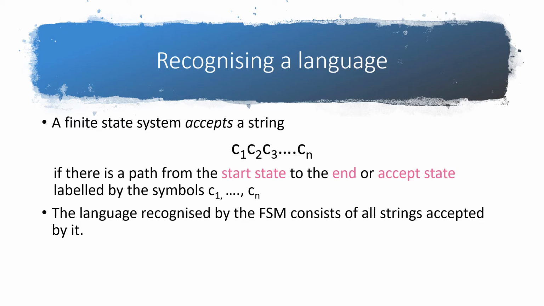We're going to create our machine, and if there is a path from the start state to an accept state, and we have processed all the characters that we have been given and finish on the accept state, then that particular word is valid within that language. So this is going to show you on the actual diagram here.